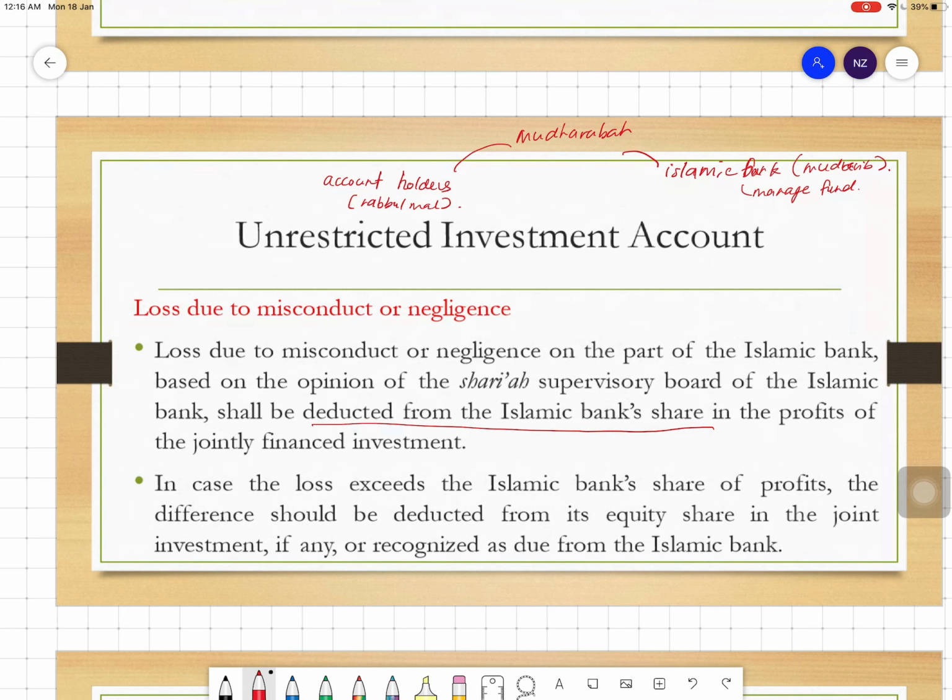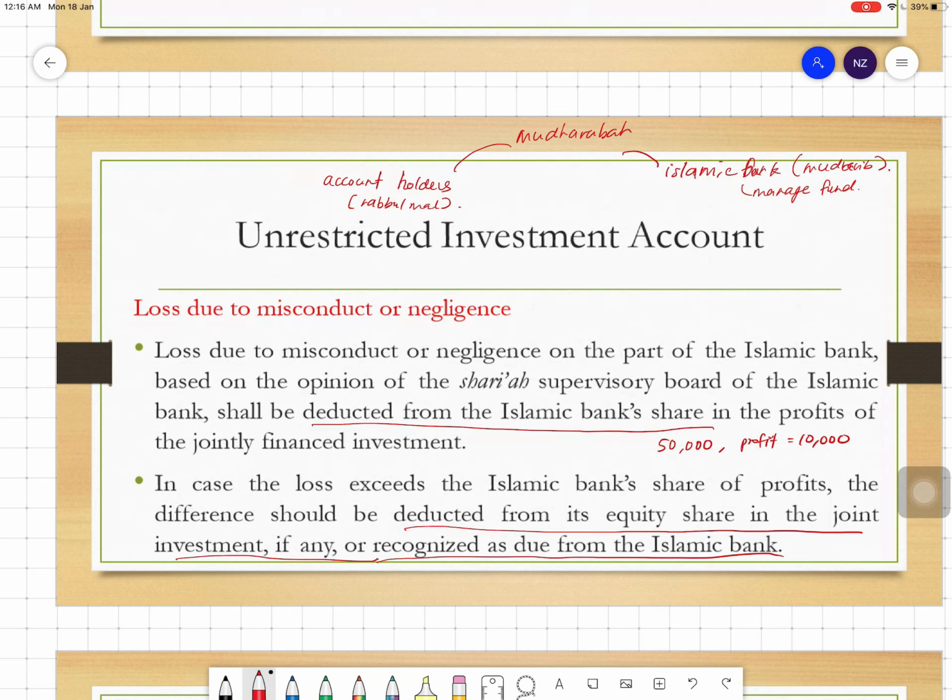And in the case where the loss exceeds the Islamic Bank's share of profit, let's say the loss is 50,000 but the profit of the Islamic Bank is only 10,000, so the loss is greater than the profit of the Islamic Bank. It says the difference should be deducted from its equity share in the joint investment, if any, or recognized as due from the Islamic Bank.